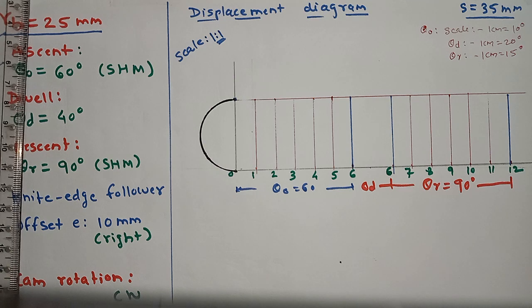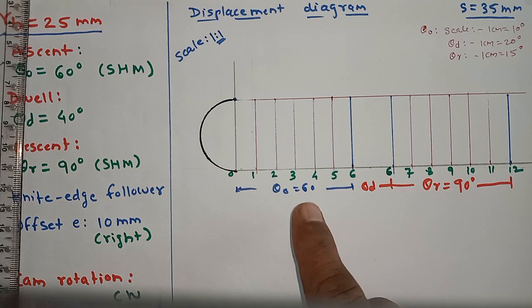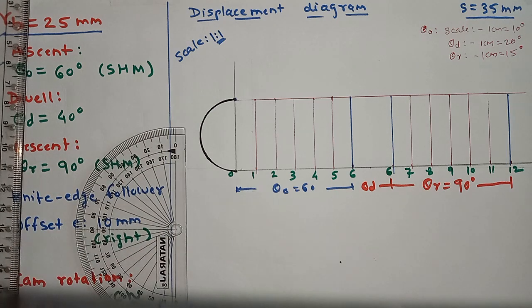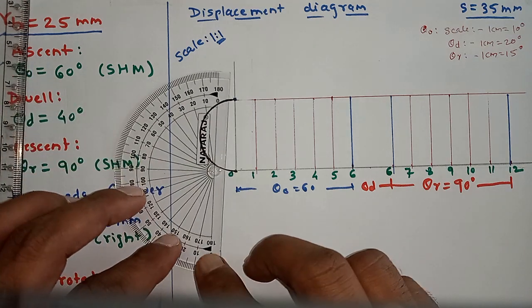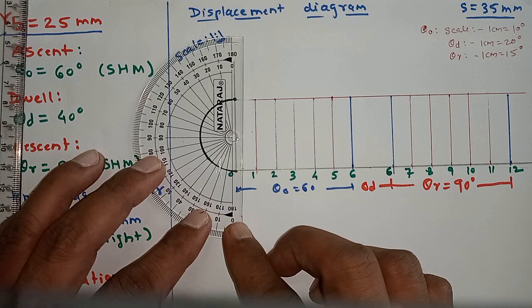Now we will divide the semi-harmonic circle into same number of parts as that of outstroke and return stroke, that is 6 parts. So 180 degrees divided by 6 is 30 degrees. So each division will be of 30 degrees. Here is my center.